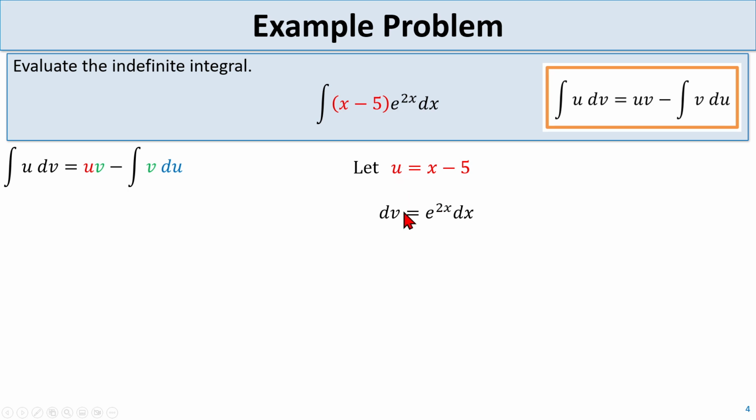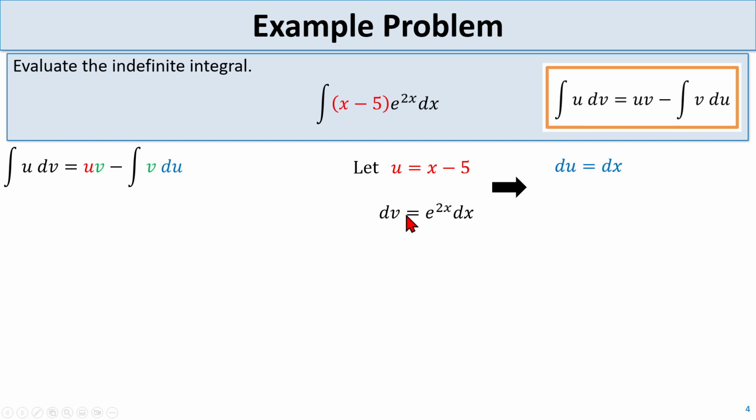Once you find u and dv, from that you need to find du and v, because they play a role in this formula as well. Du is found using the idea of differentials. More explicitly, you take the derivative of u and then multiply by dx. But here, the derivative of u is just 1, and 1 times dx is just dx.